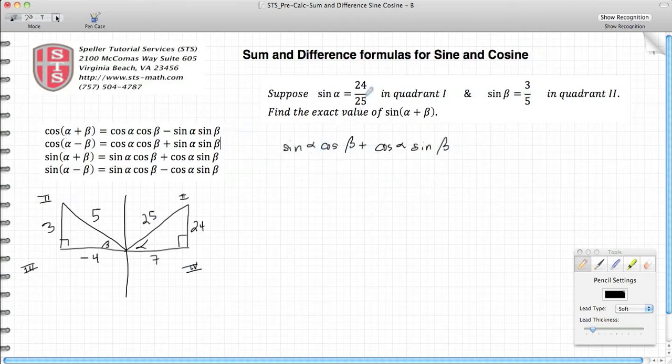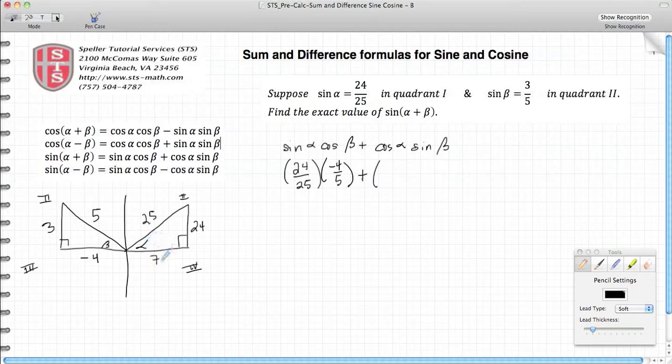Well, sine alpha, that's given in the problem. We know sine of alpha is 24/25, and now we need to find the cosine of beta. Well, this is angle beta. The relationship of cosine is adjacent over hypotenuse, so that there is -4/5. We're going to add that to the cosine of alpha.